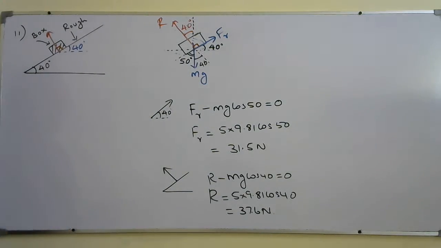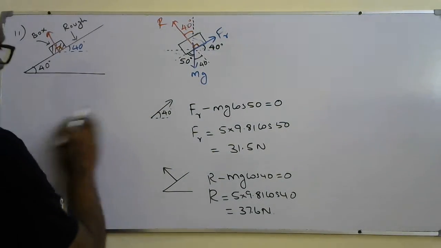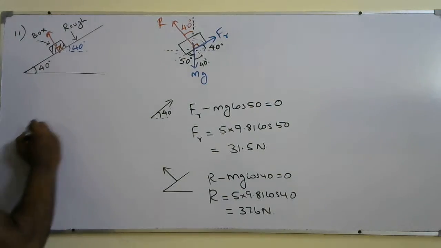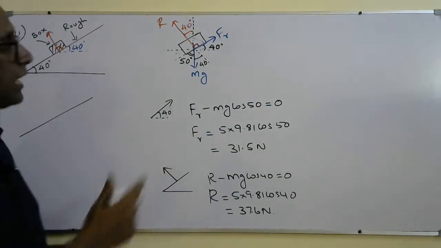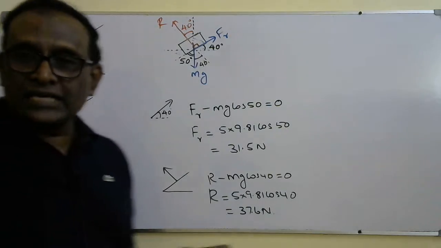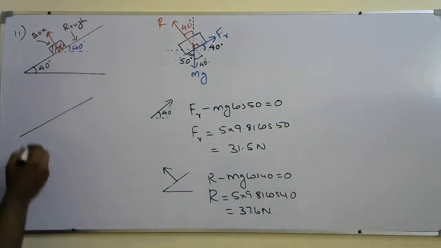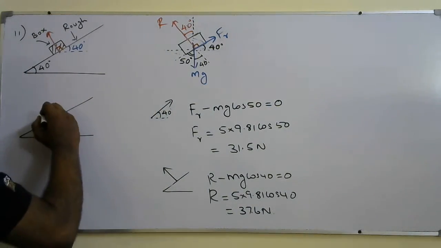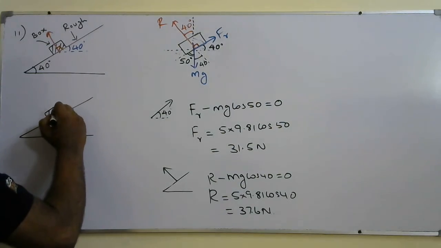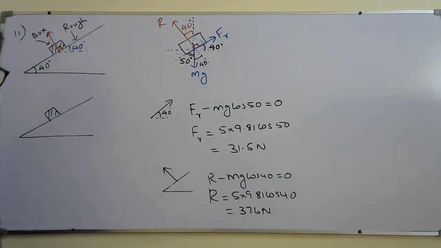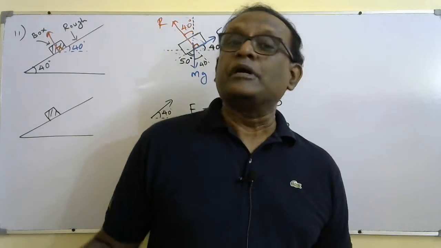So normally, when an object is kept on an inclined plane, we tell the students to remember that. Rather than thinking about these angles, we say when an object is kept on an inclined plane, the weight of the object will have components along the plane and perpendicular to the plane.